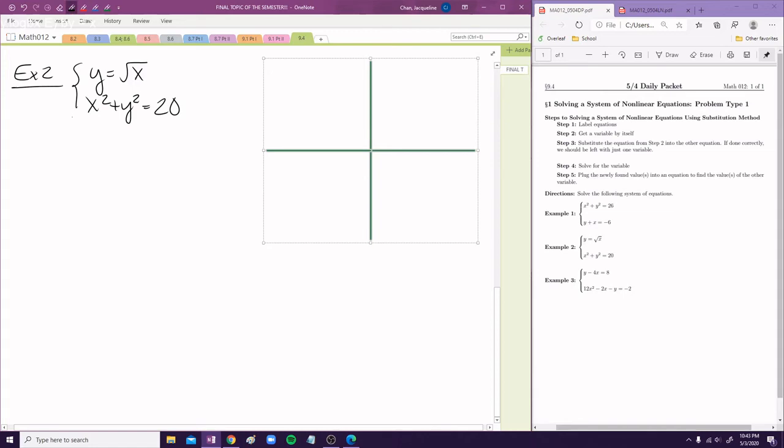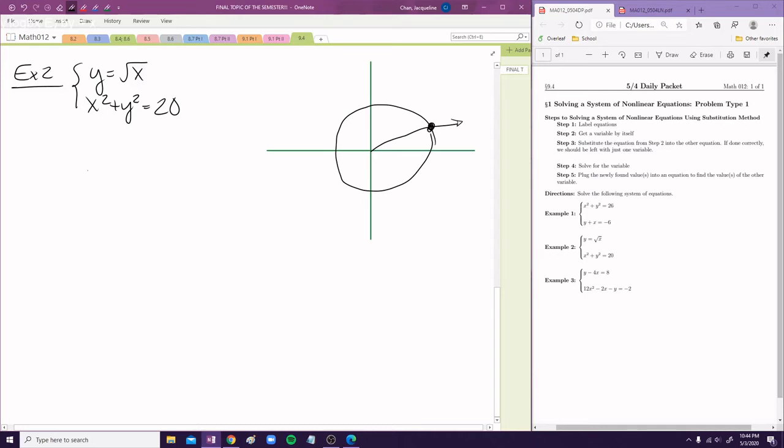I know that y equals the square root of x looks like this, roughly. And x squared plus y squared equals 20 is a circle centered at 0. Okay, let's pretend that's a circle. This rough sketch is telling us that we're going to have one solution.